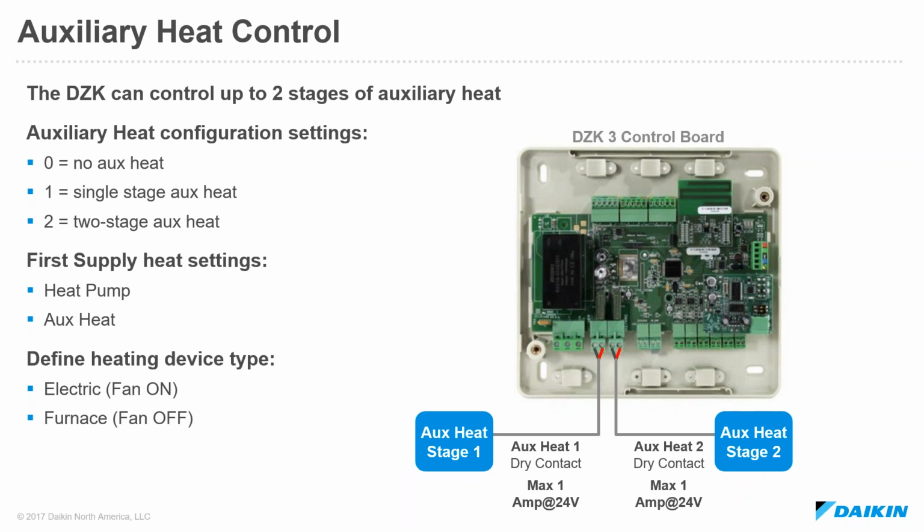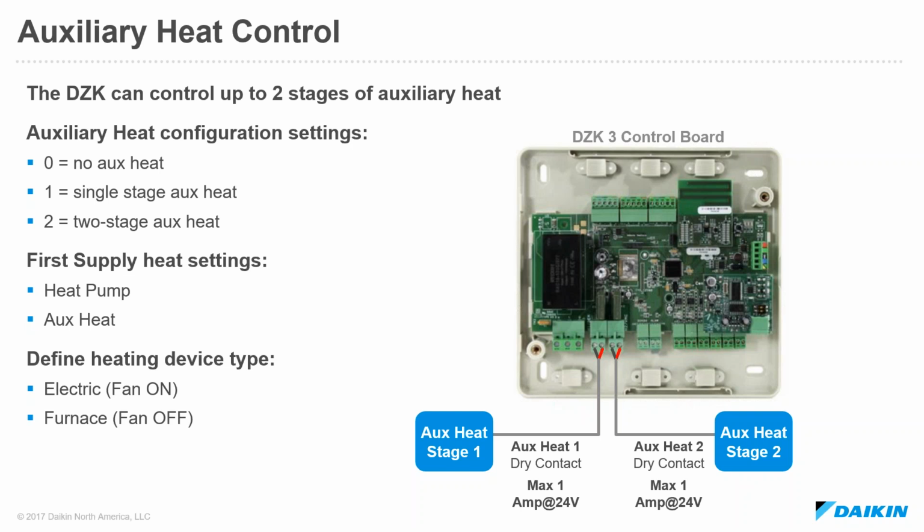We can configure auxiliary heat to either operate as the first supply of heat, or the indoor unit's heat pump heat will operate as the first supply of heat. So just be aware we have that option to configure within the settings of the DZK. And then also we can configure how the indoor unit's fan will react to an auxiliary heat demand.